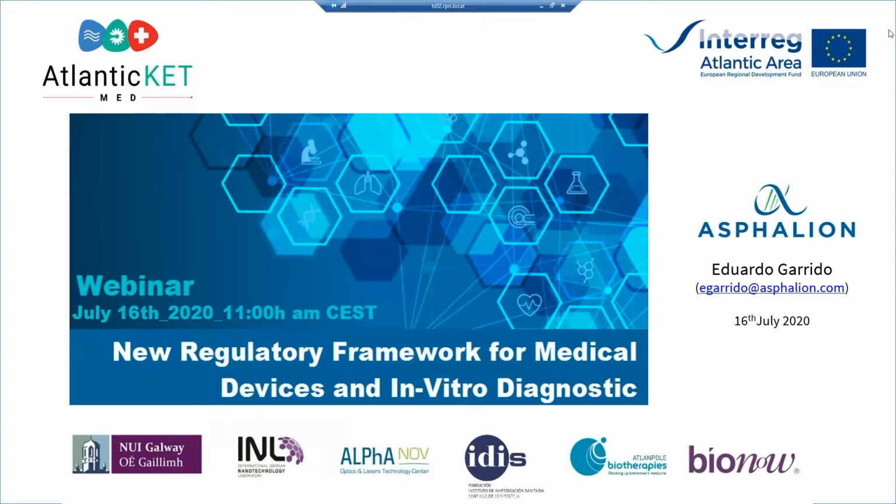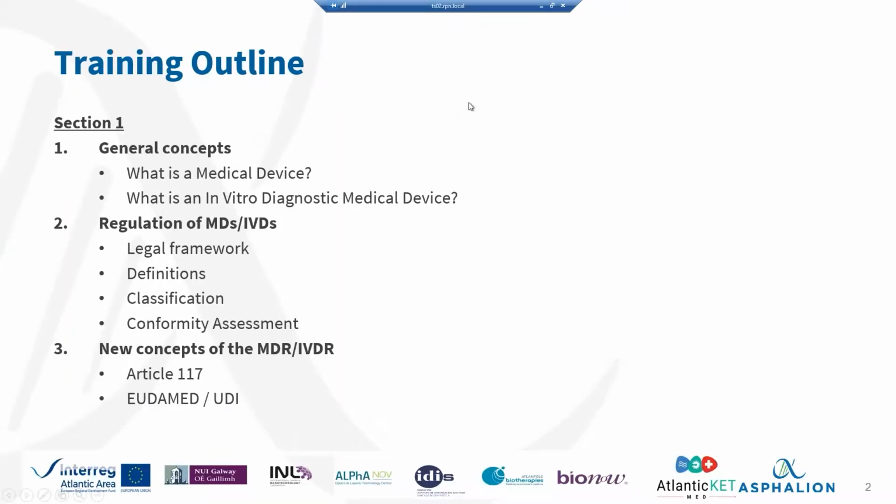So, let's do an overview of what the training is going to be about. First, we're going to have the first section where we're going to talk about general concepts. Please keep them in mind, write them down, and after this first section we will have 15 minutes for questions. Then we'll have a little break.